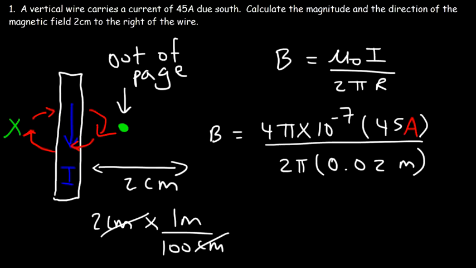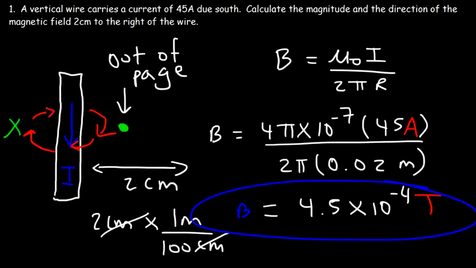Now all you have to do is type this in, and you should get 4.5 times 10 to the negative 4 Tesla. So that's the strength of the magnetic field 2 centimeters away from the wire.